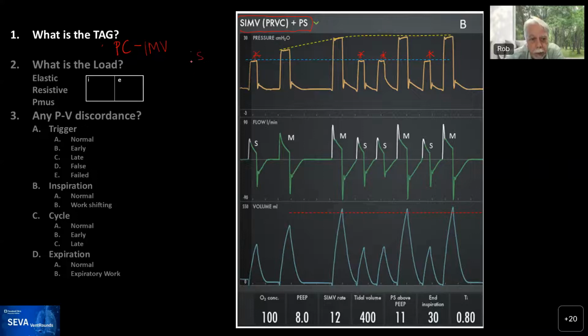So what we see here is the first breath on the left is a spontaneous breath because it's a little guy. Then we get a big one that is machine triggered. That's a mandatory breath. Then we have a patient triggered mandatory breath, a couple small spontaneous breaths, and so on. We are seeing that the second mandatory breath is smaller than the third, the fourth, and the fifth mandatory breath.